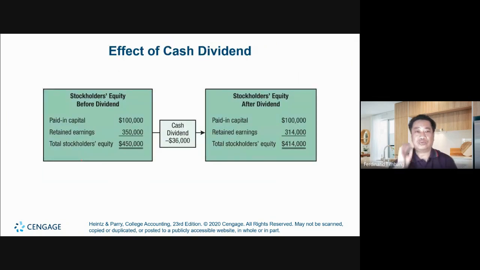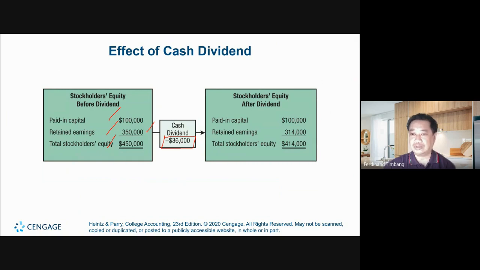Now, the effect of cash dividend. Before the dividend, we have the paid-in capital of 100,000 and then retained earnings of 350,000 for a total of 450,000. Once you declare dividends, the retained earnings will be reduced by the amount of the dividend. In this case, we have 350,000, and the dividends declared amount to 36,000 for common stock and preferred stock.